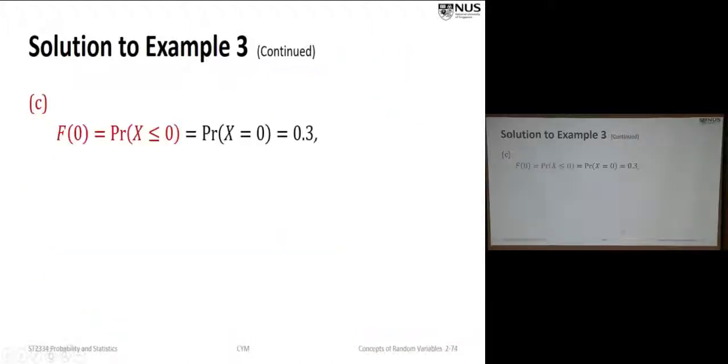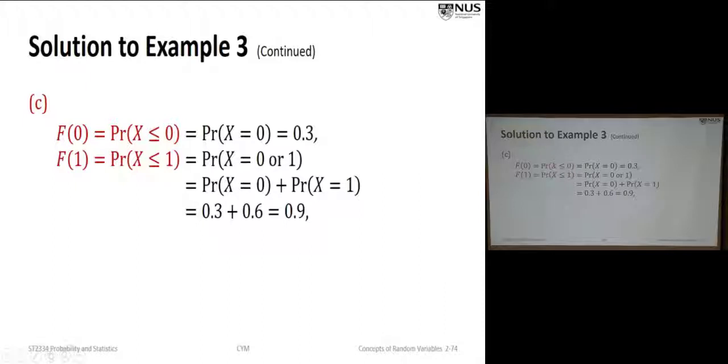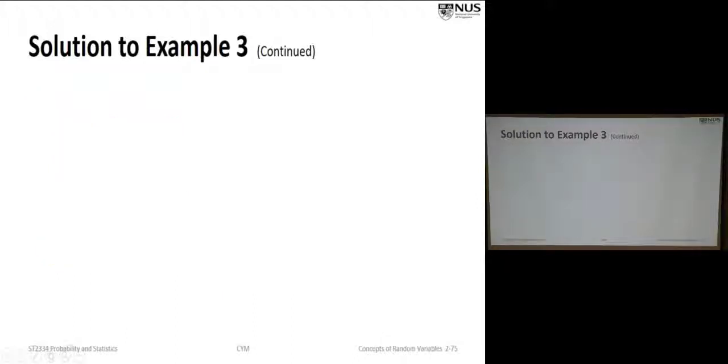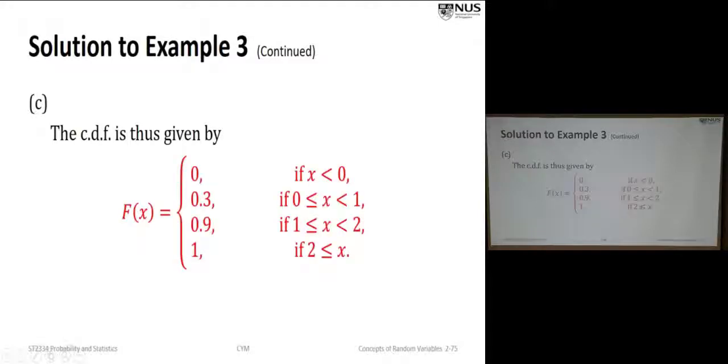Lastly, to find the CDF, I just sum up the probabilities. So F of 1, the sum of the probabilities for x equal to 0 and x equal to 1, is 0.9. And for x equal to 2, the cumulative probability is 1. So basically just do the addition. There are only 3 probability function values, so just add those. So this is the CDF.